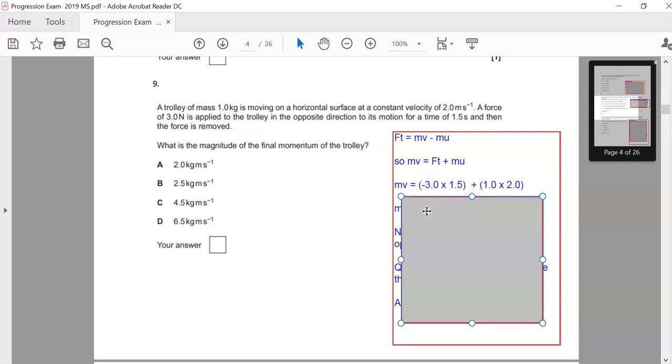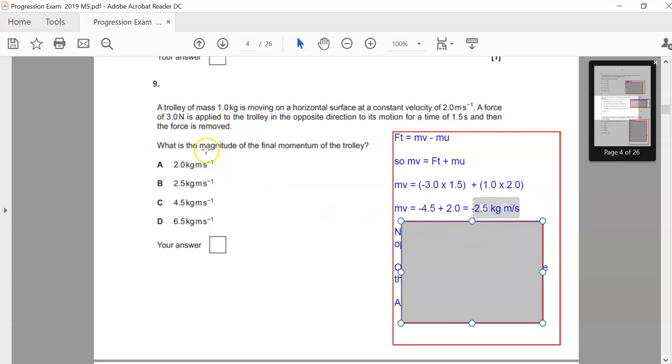Now Ft, F is minus 3 because it's acting in the opposite direction to the way the trolley is moving, and it acts for 1.5, so that's that term there. Then mu is 1 times 2. We end up with negative 4.5 plus 2, so overall mv is minus 2.5.